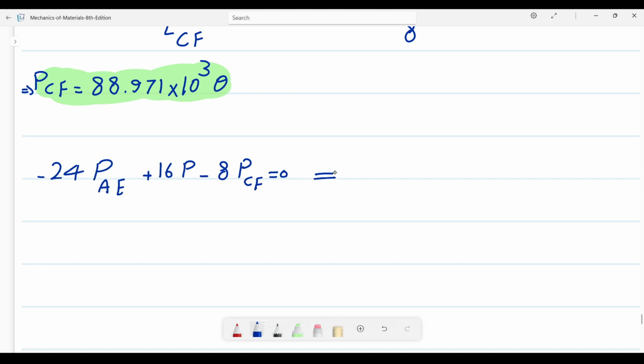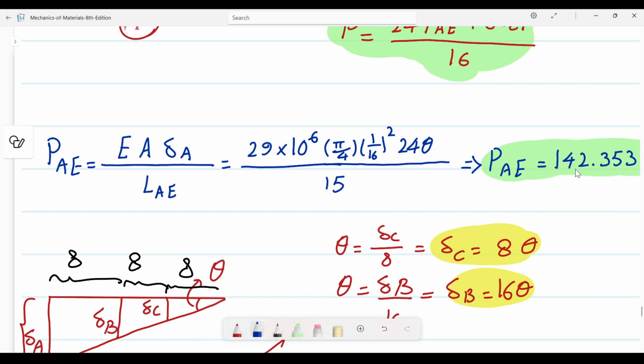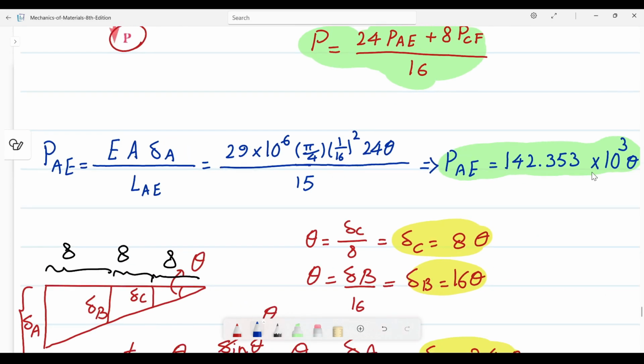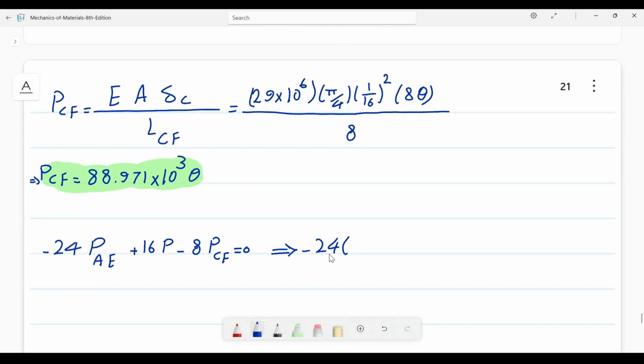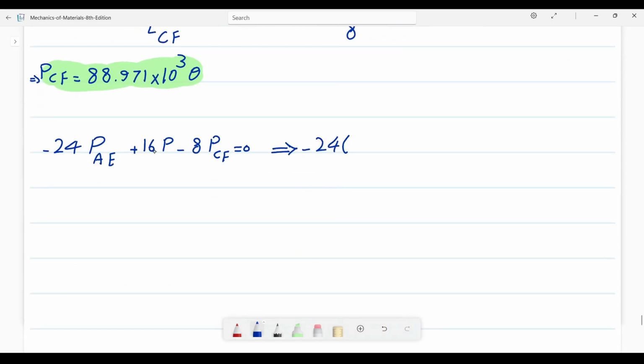That means minus 24 multiplied by PAE, which is equal to 142.353 multiplied by 10 to the power of 3 theta, and also P and PCF.